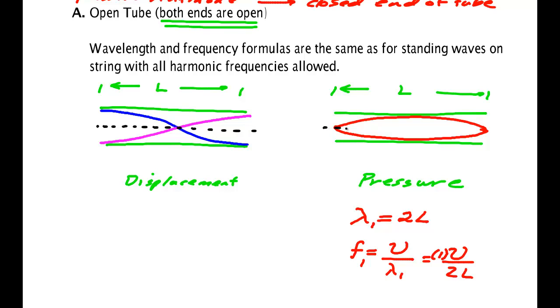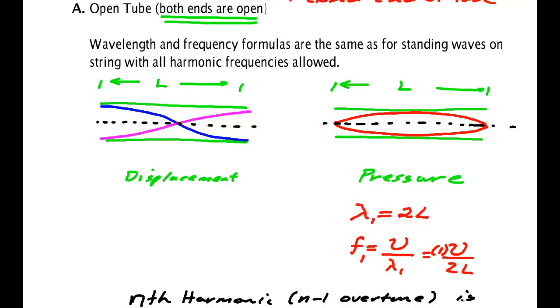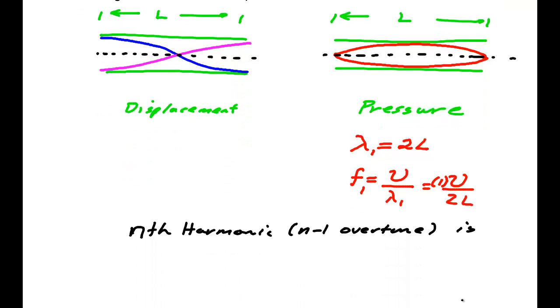And in the pressure case, you have no pressure change at the ends. They are nodes. Now, the nth harmonic and correspondingly n minus 1 overtone can be given by the following formula.